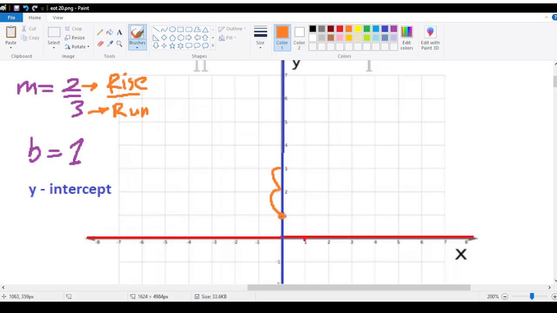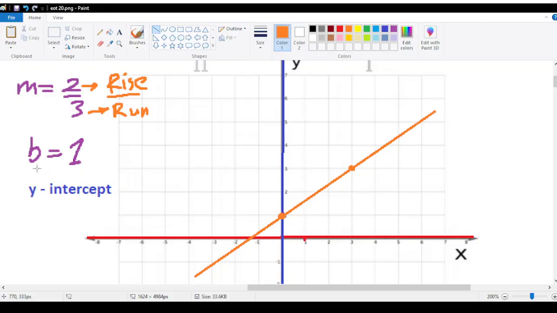Then what will we do? We will run 3 units. 1, 2, 3. So we reach this point. So far, is it understood? Yes. Okay. After that, we finished. After that, we are going to connect these two points. I'm going to connect them with a straight line like this. You try to do a straight line like this. We're done. Is it understood, Shamsa?